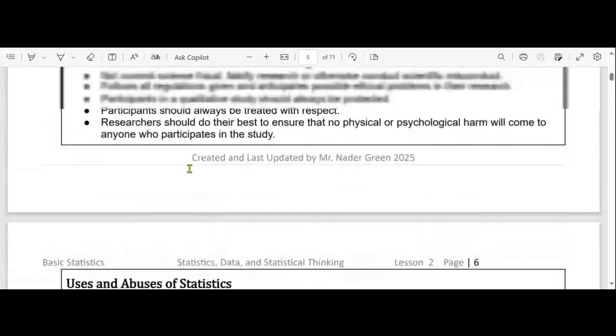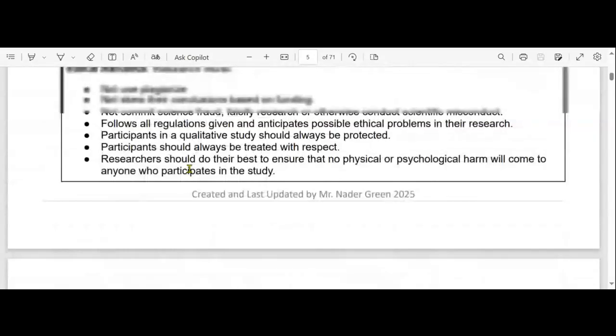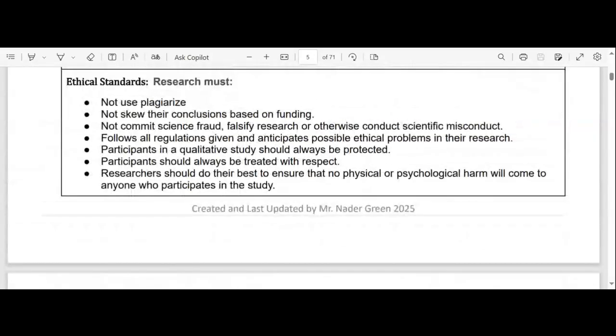Now let's go to the next one here. Ethical standard research must have what? Not use plagiarism, meaning you should not be taking someone else's work and putting it in your research, right? Not skew their conclusion based on findings. Not commit science fraud.